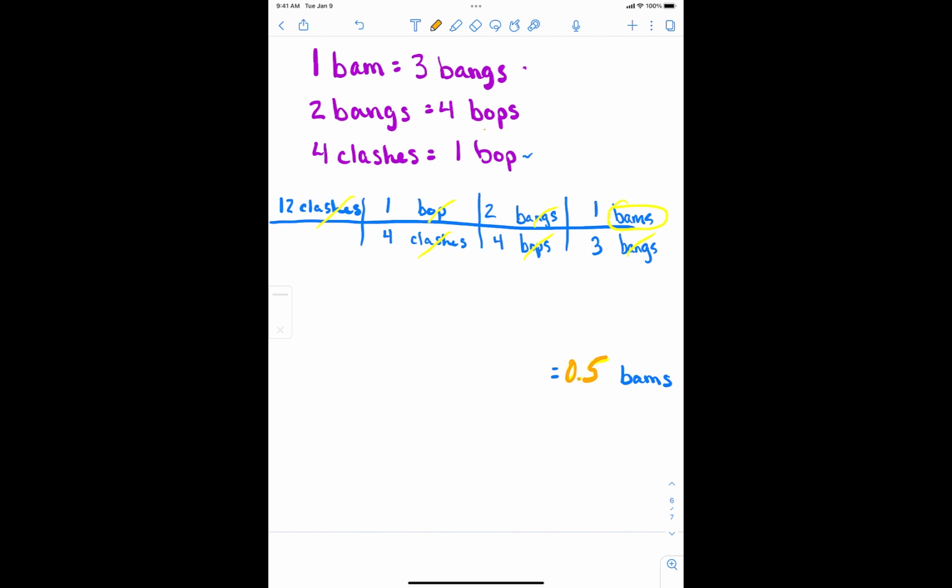My answer needs to have 2 significant figures, so I would put 0.50 bams. Again, this 0 right here is trailing after the decimal point, and so it is significant.